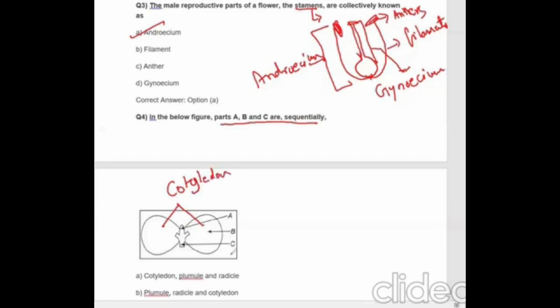The part which develops into a shoot is known as plumule, and the part which develops into the root is known as radicle. So here C is the root part, A is the shoot part, and B is the cotyledons. So where you can find the options, you can opt for it.